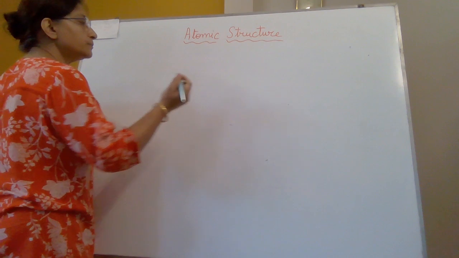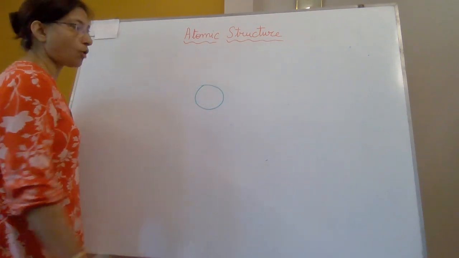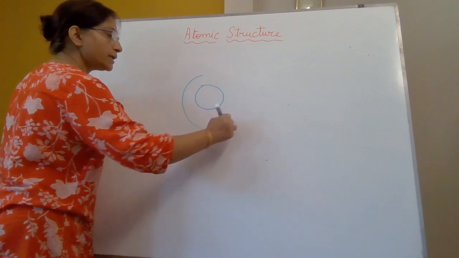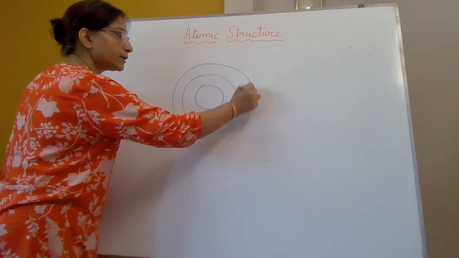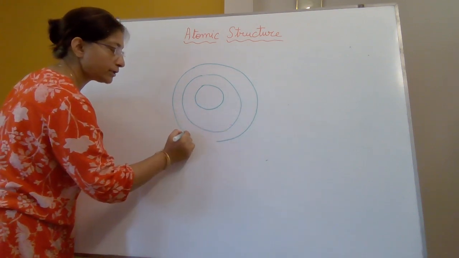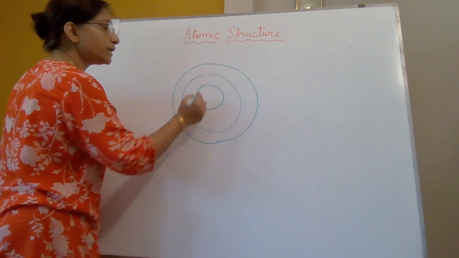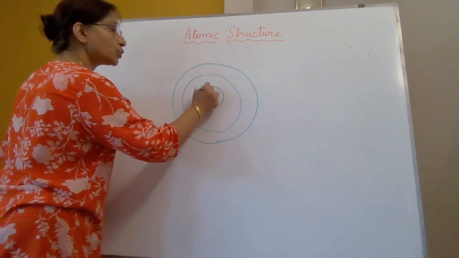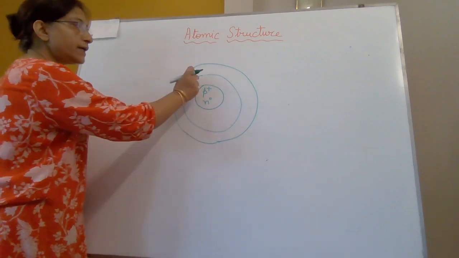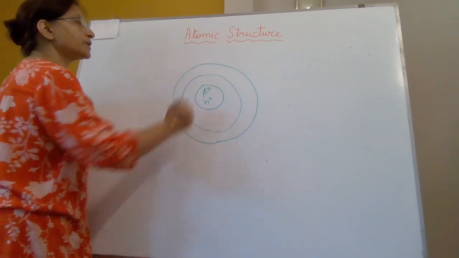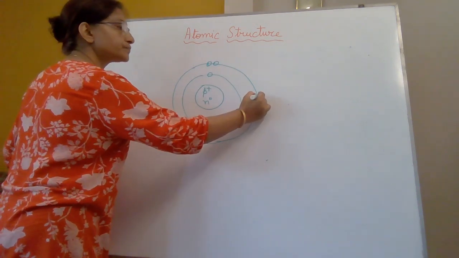For example, this is the nucleus of an atom and the various shells that are present outside the nucleus, right? So this nucleus contains protons and neutrons, whereas in these shells are present the electrons.